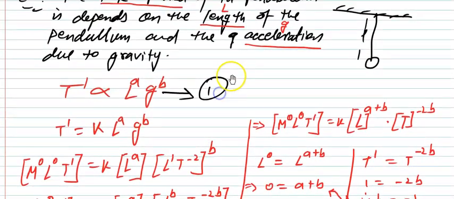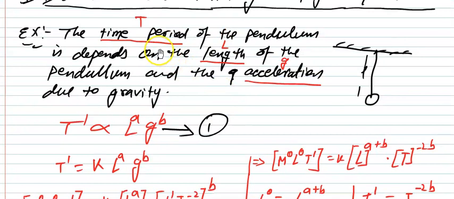Getting it? Firstly, you have to choose what physical quantity depends on what other physical quantities, that will be written in the question. We have to identify that, and after identifying we have to write it in a mathematical form, just like I have written over here.